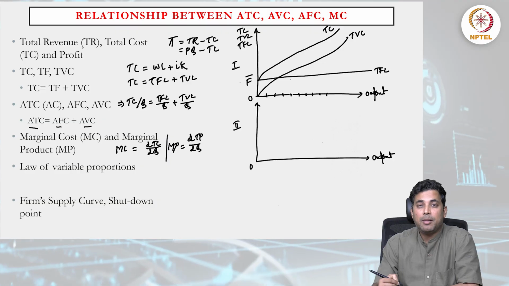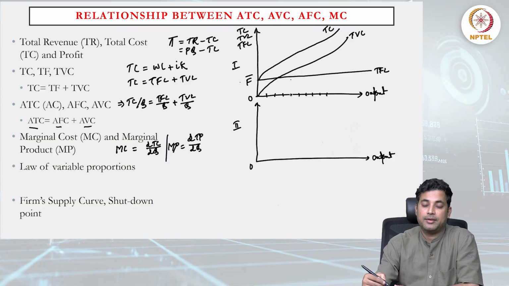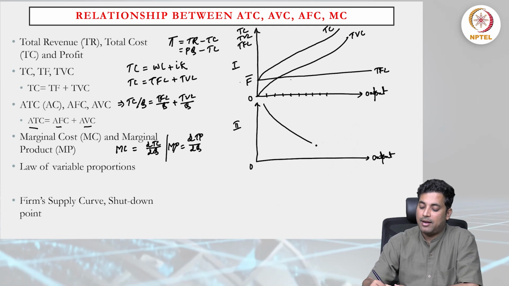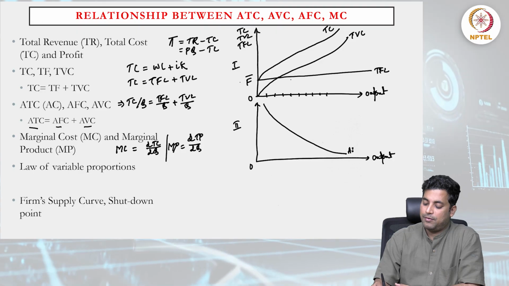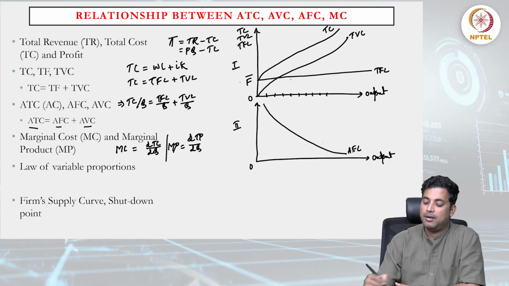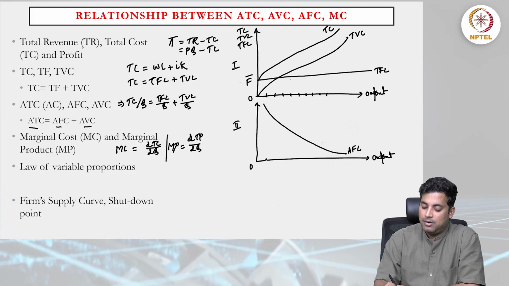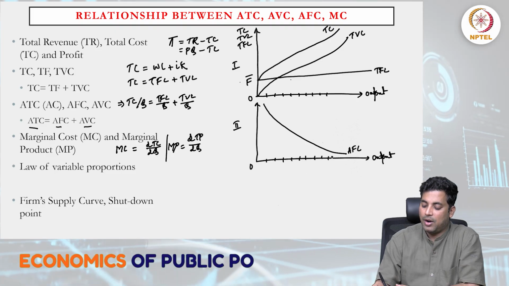Now in panel 2 we will draw all the other curves. It will be like the average fixed cost line, because TFC is fixed, divided by the total level of quantity.